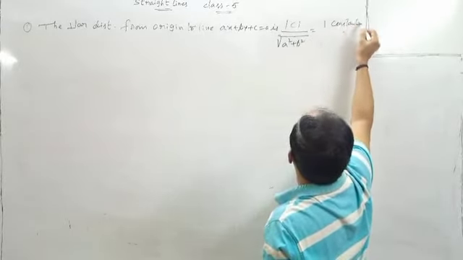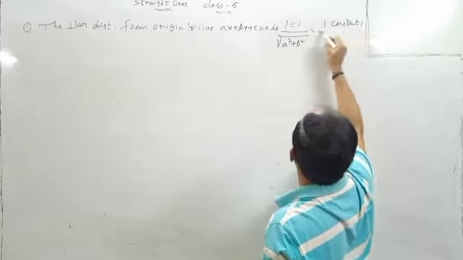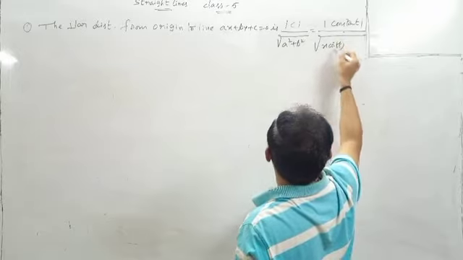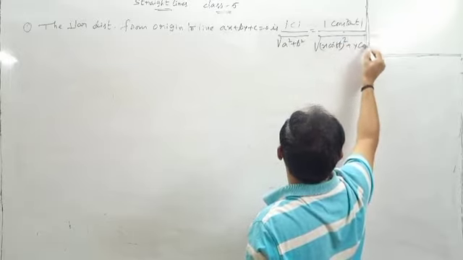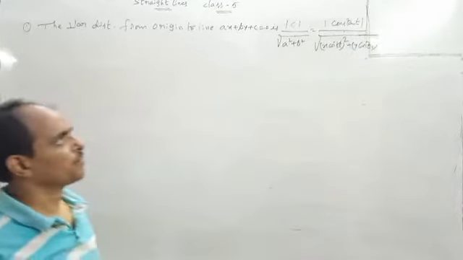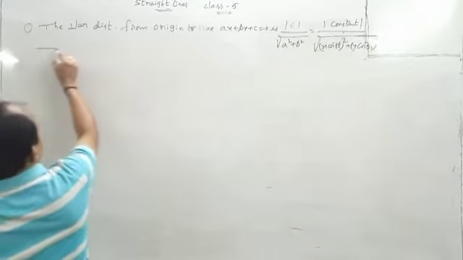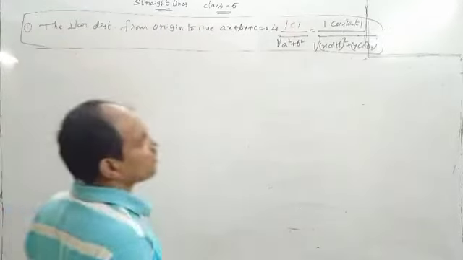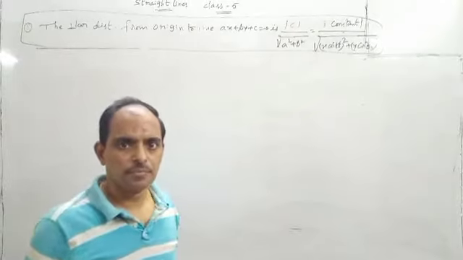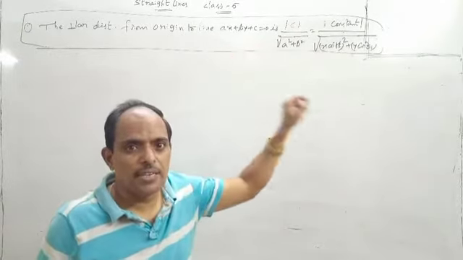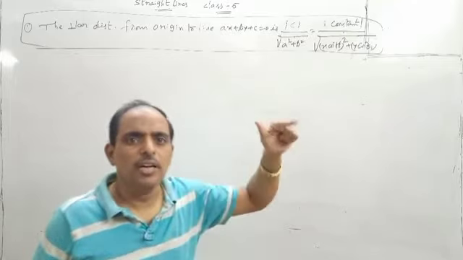That is modulus of constant by root of x coefficient square plus y coefficient square. This is one of the important formulas you have to remember. This is the formula to find the perpendicular distance from the origin to a line.